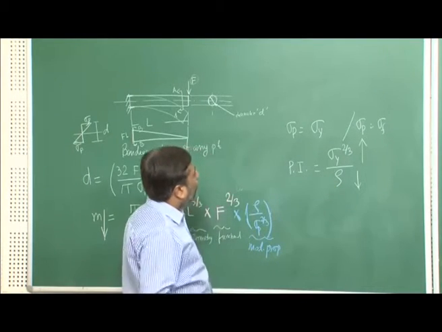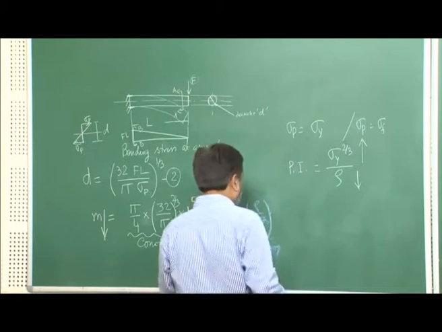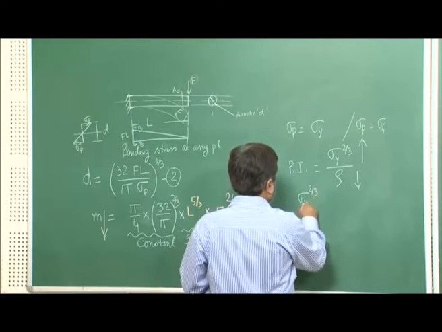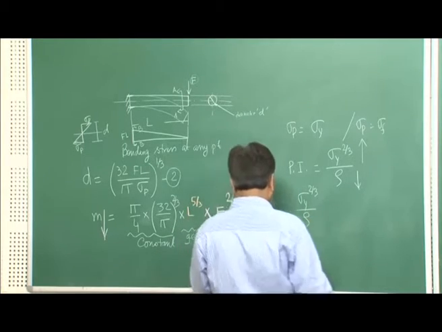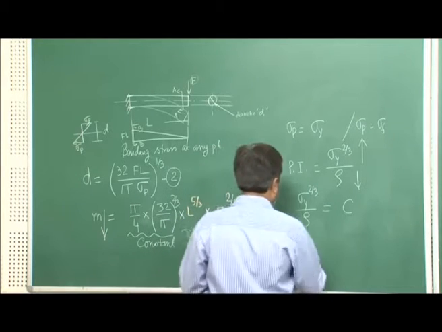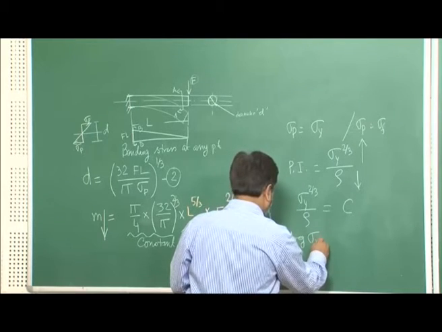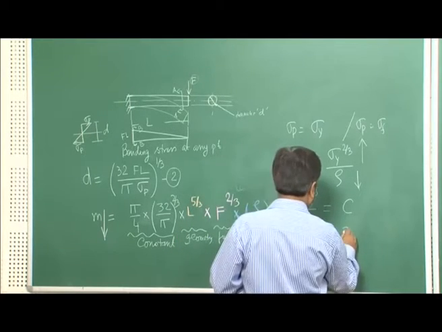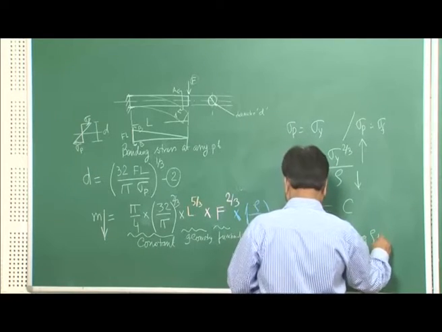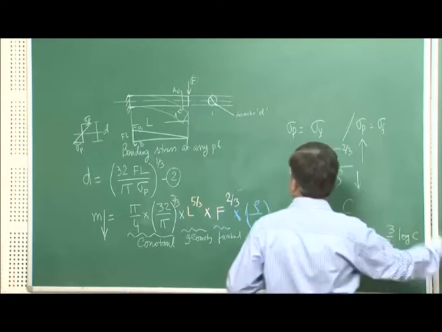So, that is where we need to once again draw a logarithmic curve. Suppose I say that the minimum constant value of this is c, then I can write log of sigma y equals 3/2 log of rho plus 3/2 log of c.